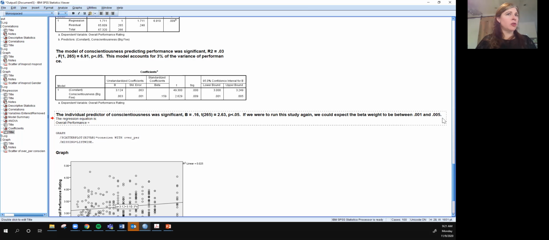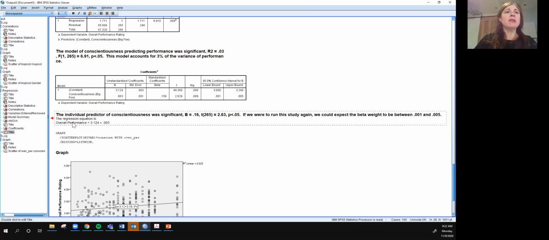So I'm just substituting in the words for what we just looked at. Equals, now I need to put in my constant. So this is my B sub 0 right here, this 3.124. Now, in the equation, you must write out to 3 decimal points because the equation won't work if you don't. And it's going to be a plus sign because this is positive.